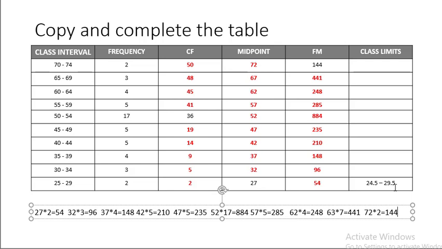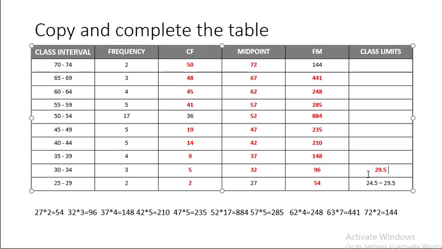So this is the lowest the class can go. Now we'll move on to the next one, which is 30 to 34. 30 minus 0.5, you can work it out with your calculator, gives us 29.5.